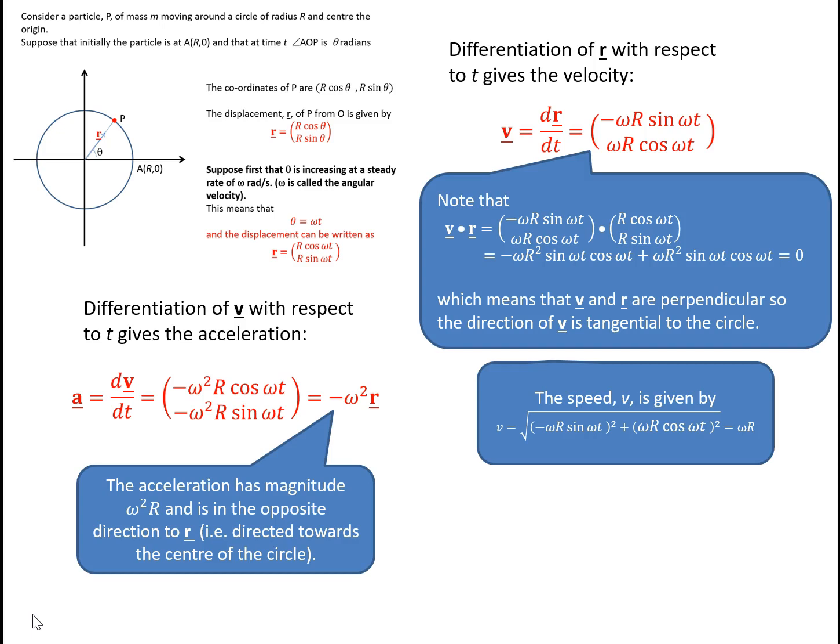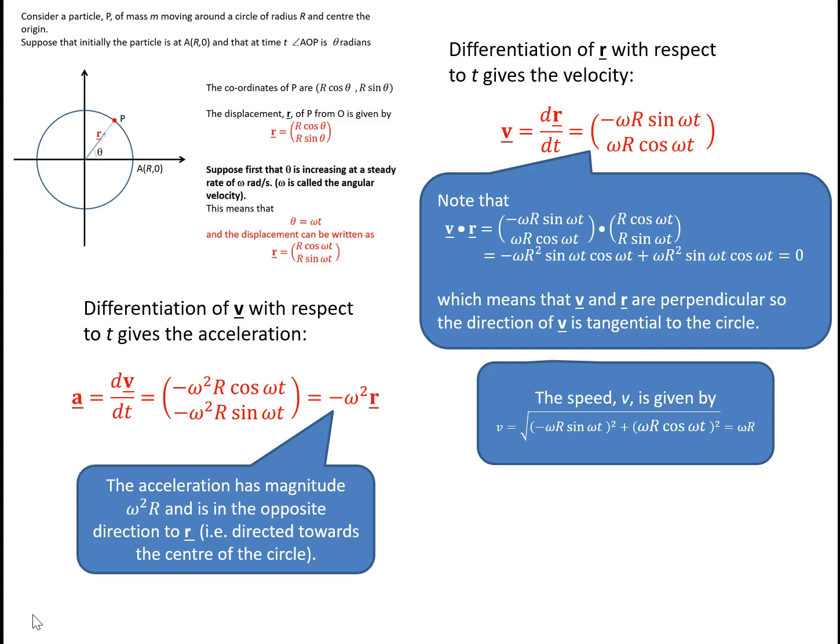Little r is the displacement of P from the origin, and the displacement of P from the origin has got magnitude equal to the radius of the circle. So we've got the acceleration has got magnitude omega squared times capital R, the radius.